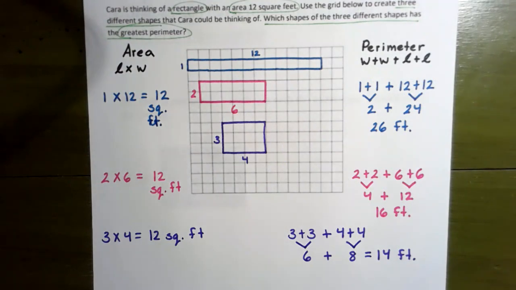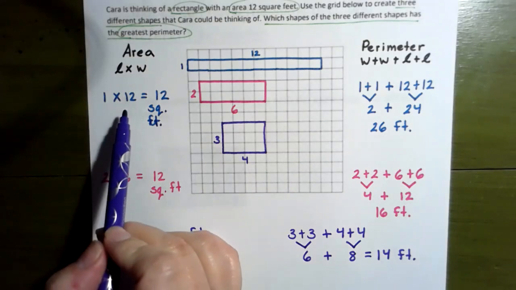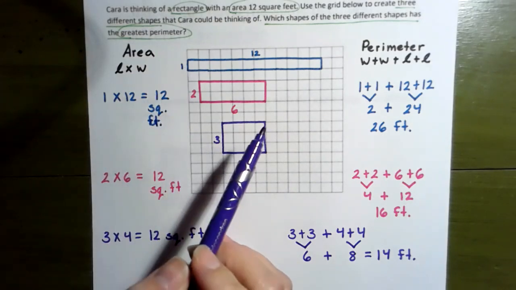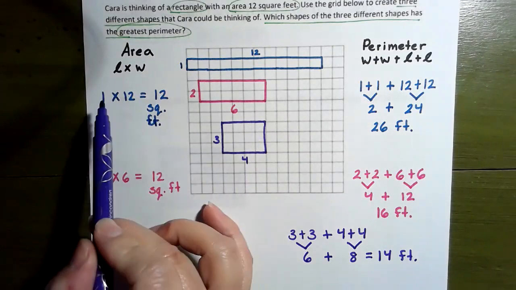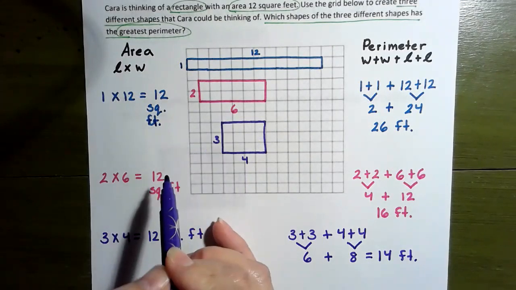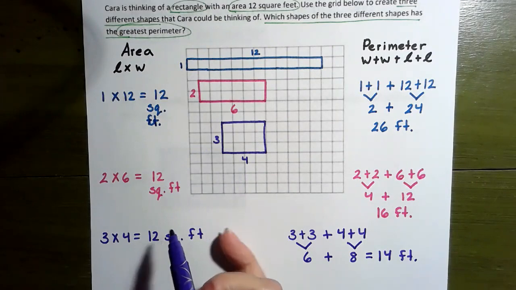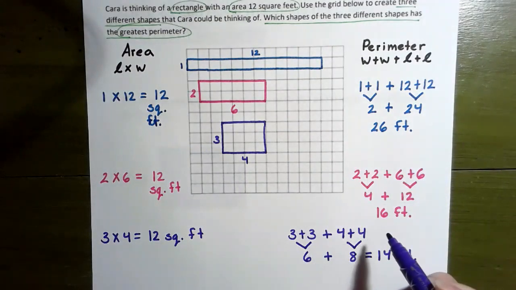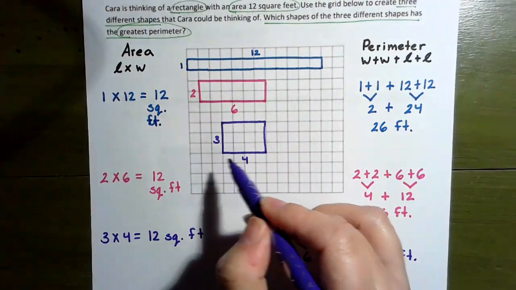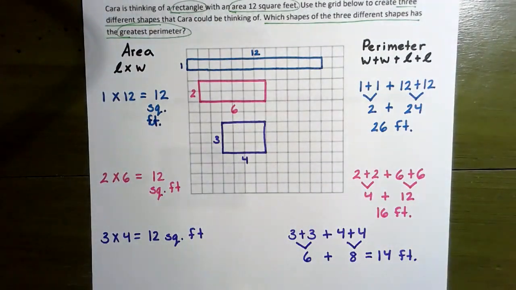So we can say that again, just like yesterday, there can be dimensions that when multiplied are different, like yesterday, or like today, when multiplied are the same, in this case 12. But when we add them together, we get a different perimeter, or a different total distance around.